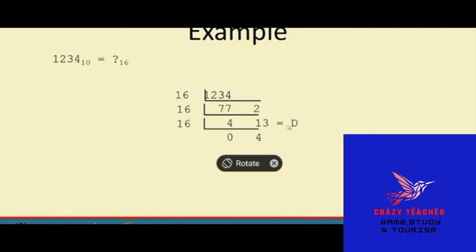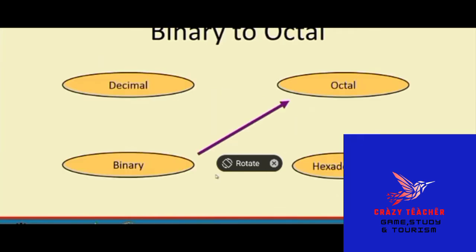Suppose this is the binary number that we have, and I want to get the corresponding octal number. I make groups of 3 starting from the right side. You must keep in mind that you should not start from the left side. The first 3 bits, 1, 1, 1, form the first group. Then 0, 1, 0 forms the next group.